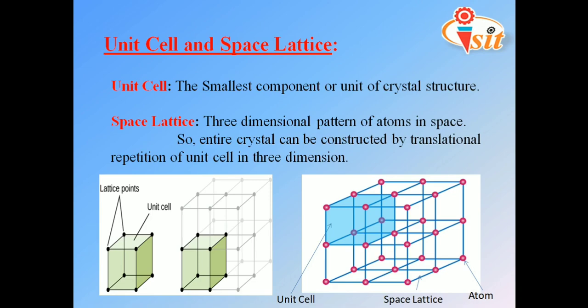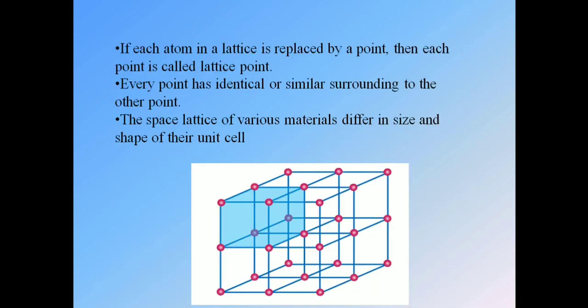We will move forward. If each atom, which is a pink sphere, is replaced by a point, then that point is called a lattice point, or you can simply say a corner atom. Every point or pink atom has an identical surrounding.